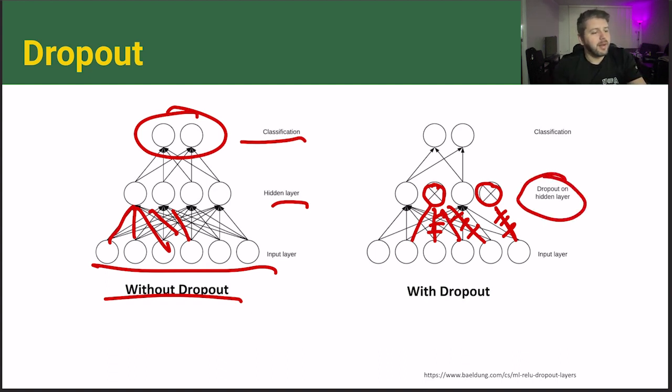And this means that the information being passed from the input layer to the classification layer is going to be different each time, and therefore no one neuron, because each time you're being trained you have a model of reduced capacity, is as prone to overfitting because it has less capacity, but then we allow for more capacity by allowing other general concepts to be learned.